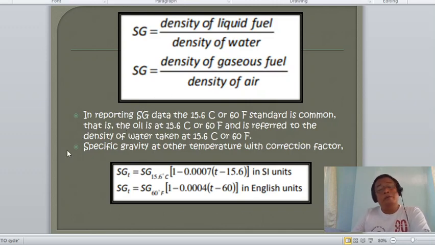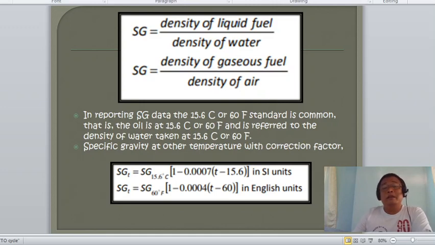If we use English units, the specific gravity at temperature T in degrees Fahrenheit is equal to the specific gravity at 60 degrees Fahrenheit multiplied by 1 minus 0.0004 multiplied by T minus 60.